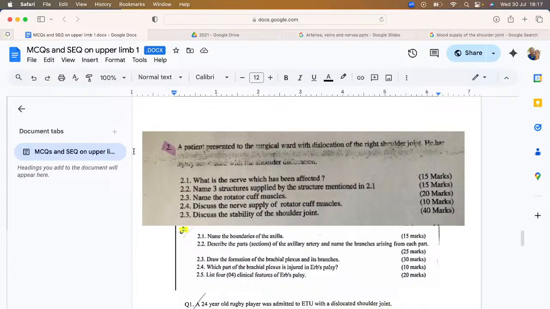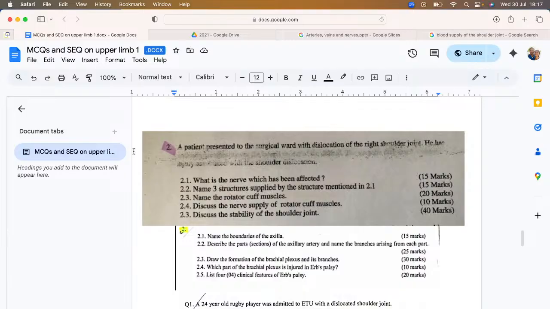And then discuss the nerve supply of the rotator cuff muscles. The supraspinatus is innervated by the suprascapular nerve. The infraspinatus, again, the suprascapular nerve. Teres minor comes from the axillary nerve, as we said, and you can be a little bit more specific here and say that it comes from the posterior branch of the axillary nerve, because the anterior branch is the one that supplies the skin over the regimental badge patch.